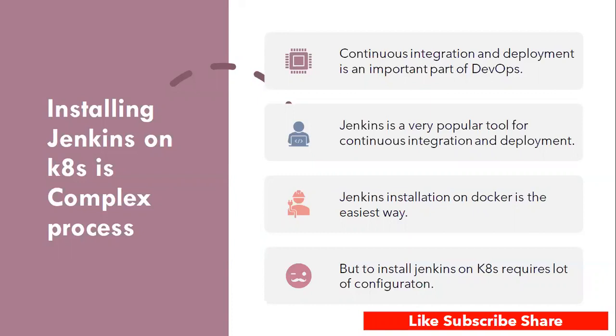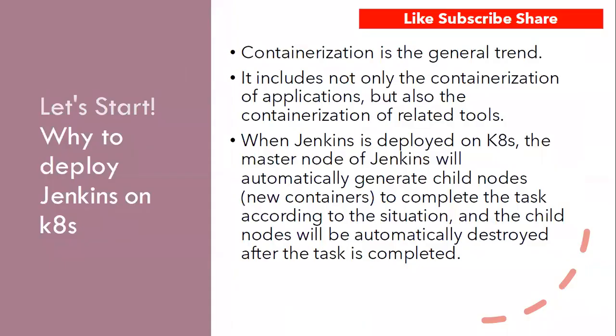And to deploy Jenkins on Kubernetes, it requires a lot of configurations. So you might be wondering, if there are multiple ways to install Jenkins, that too in the easiest way, why should I deploy Jenkins on Kubernetes? Right? So let's start. Why deploy Jenkins on Kubernetes?